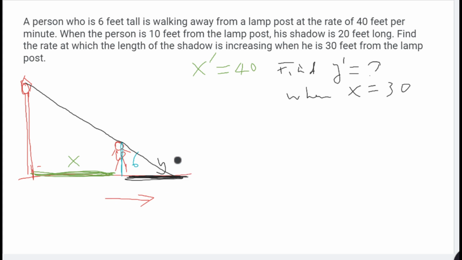Well, this is kind of interesting. We see actually two triangles. Here's a little one: the shadow one side, the height one side, the hypotenuse, and there is this ground, the distance from the bottom of the lamppost to the tip of the shadow, and the height. So there are two right triangles.